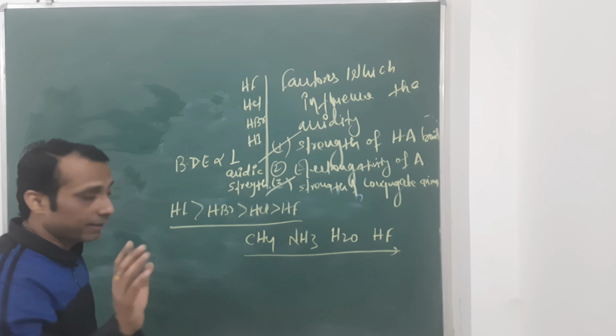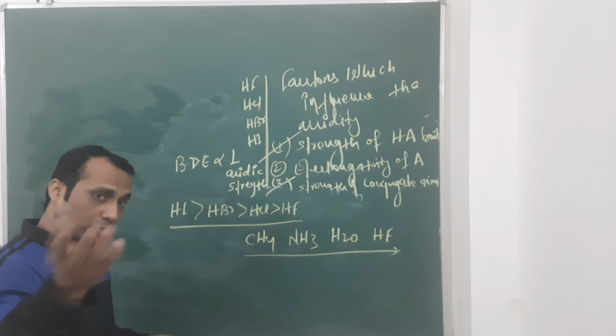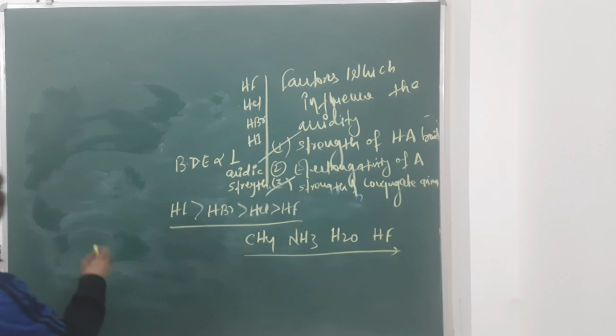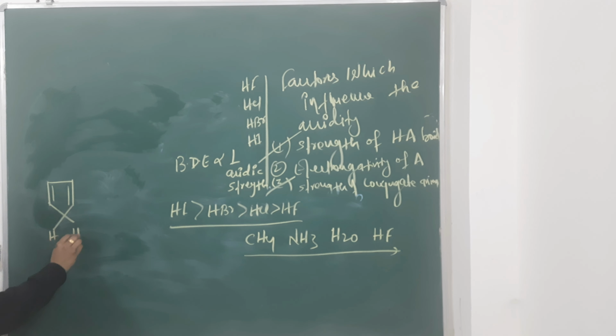Students, I write three examples, and through them you will understand. The first compound has hydrogens at both places. The second again has hydrogens and one double bond.